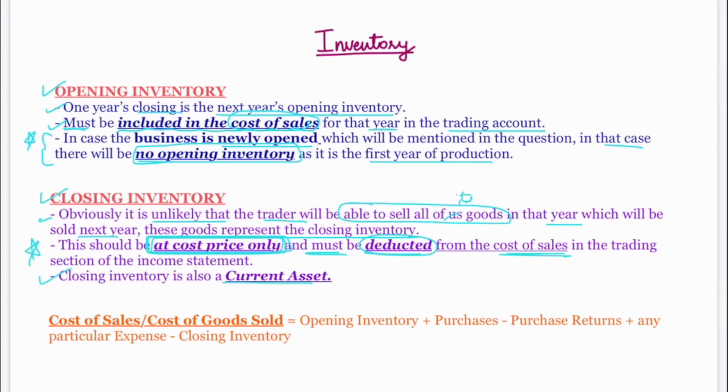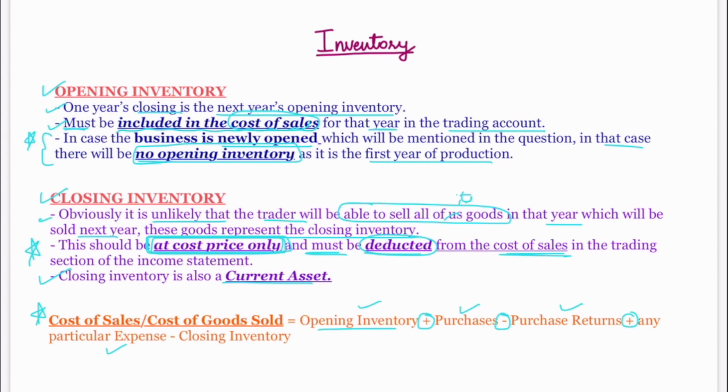Now I have just summarized over here what cost of sales or cost of goods sold comprises of. So cost of sales or cost of goods sold comprises of opening inventory plus purchases less purchase returns plus any particular expense.